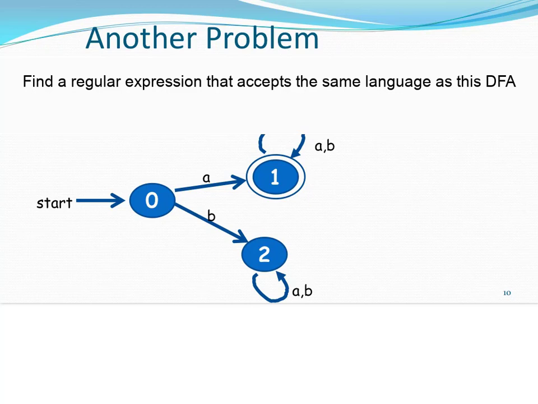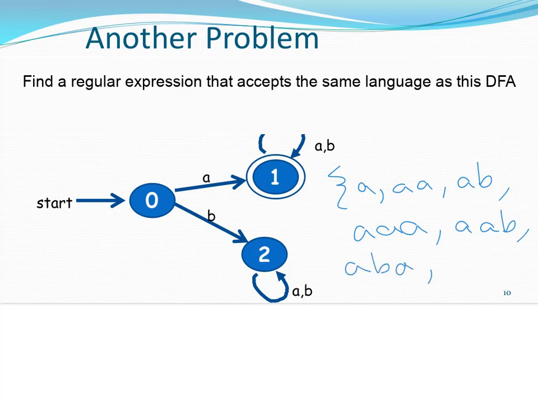On the other hand, if it starts with an A, it can have whatever it wants after it. So this is going to be the language of strings that start with an A, has to have an A, and then 0 or more A's or B's after it. So if I'm writing it as a set, it's A, or AA, or AB, or A followed by 2 A's, A followed by AB, or A followed by BA, or A followed by BB, and so on.